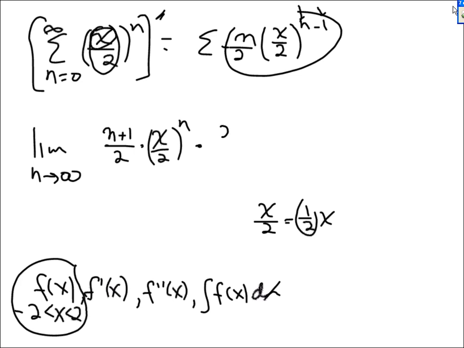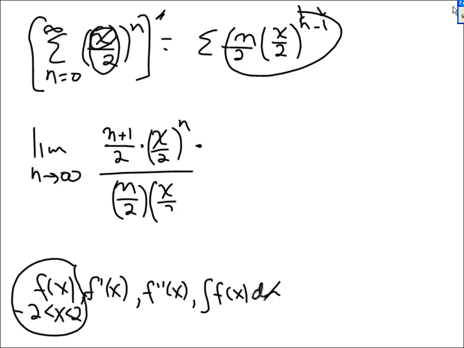That is, you get 2 over n times 2 over x to the n minus 1. Or possibly, in this case, it'd be better to actually divide. This is over n over 2 times x over 2 to the n minus 1. Since this power is 1 more than this power, we'll just have x over 2 left over.